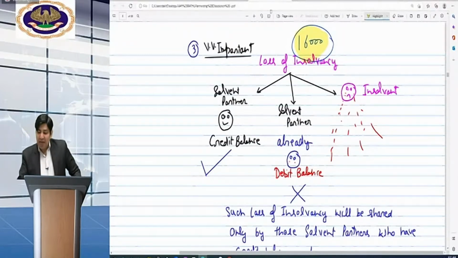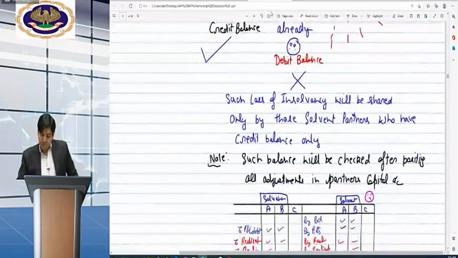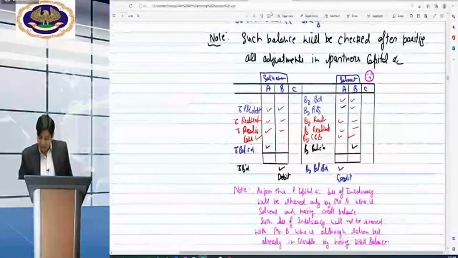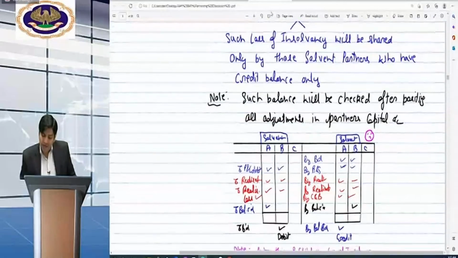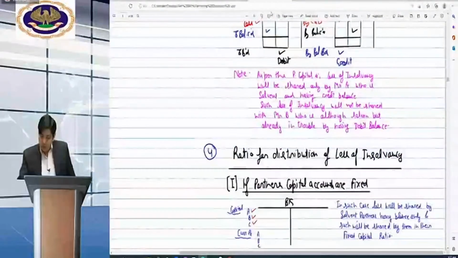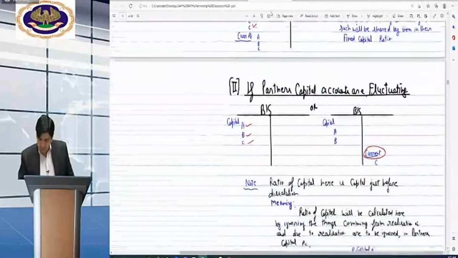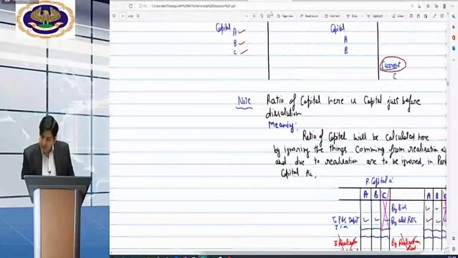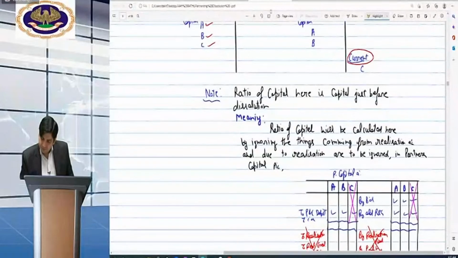I already told you, when the question says capital just before dissolution or the Gardner versus Murray fluctuating method is there, things coming from realization or due to realization are to be ignored in the partners' capital accounts to calculate the balance.